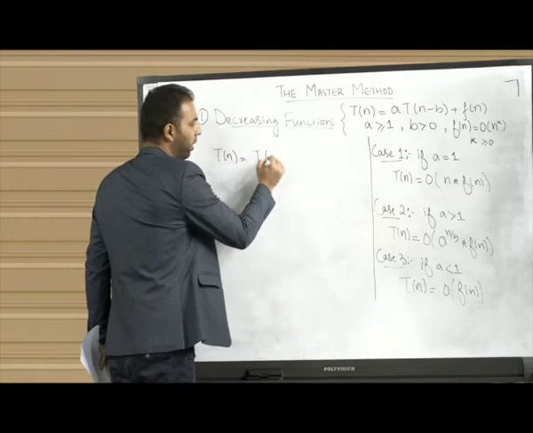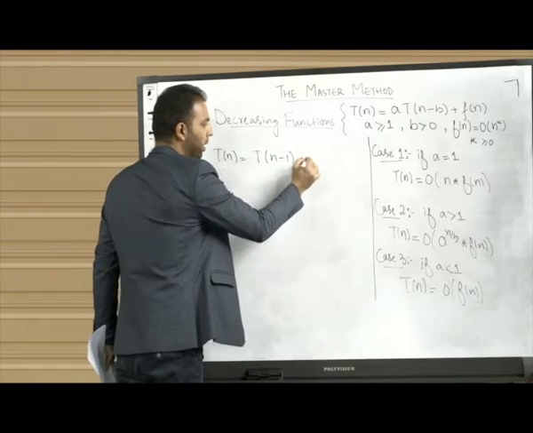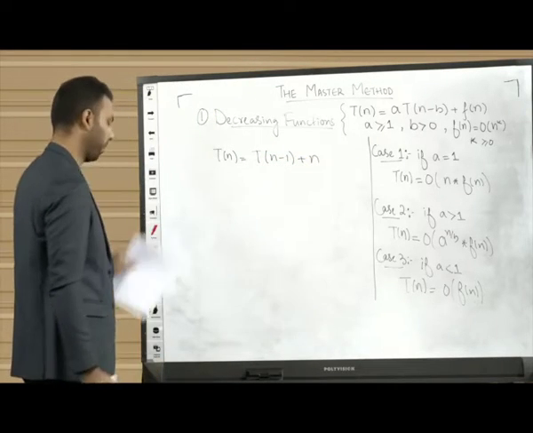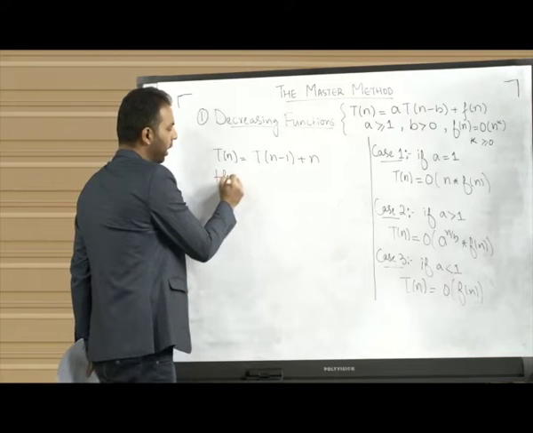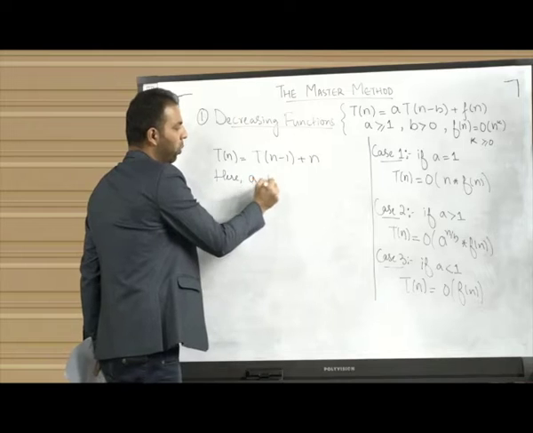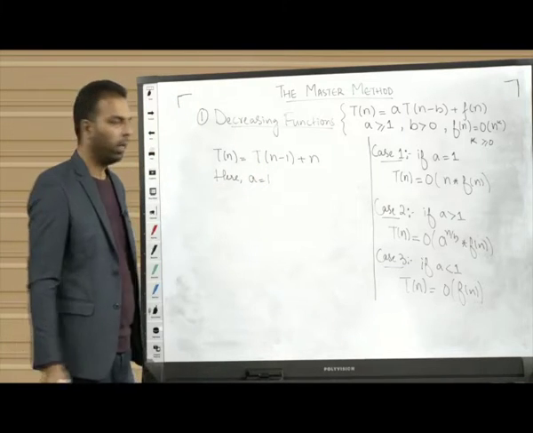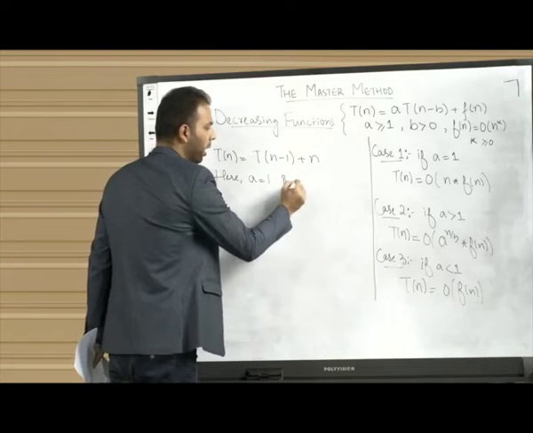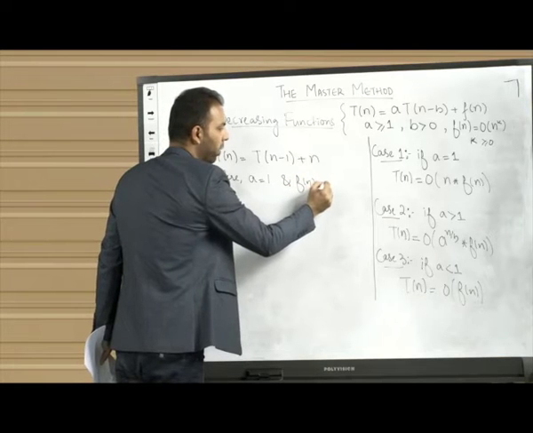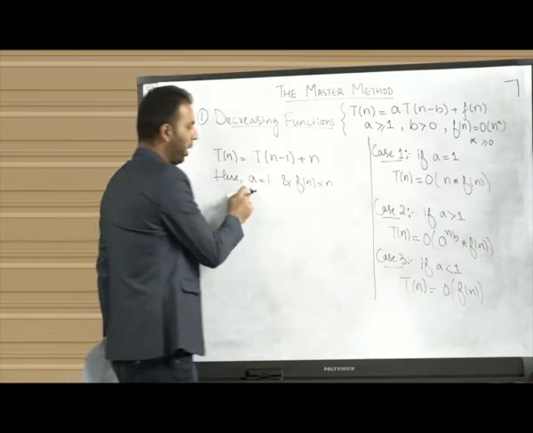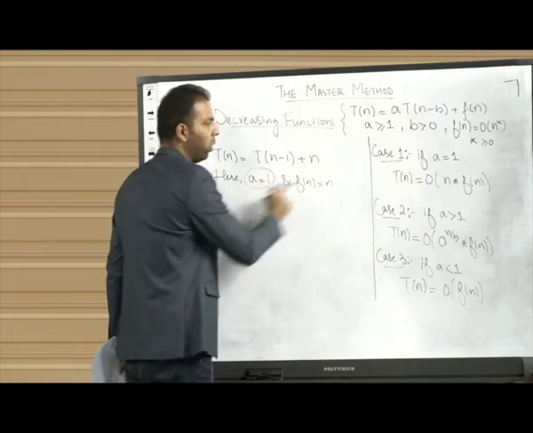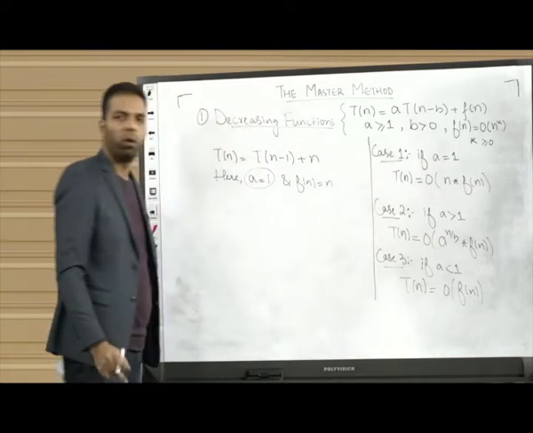So if I have T(n minus 1) plus n, here again A is equal to 1, and your f(n) is equal to n. When A is equal to 1, it is your case 1.